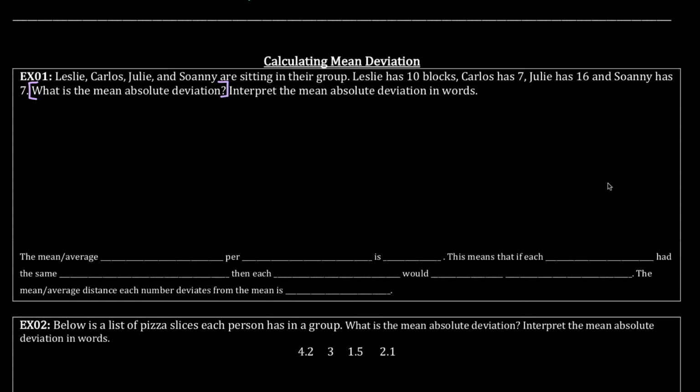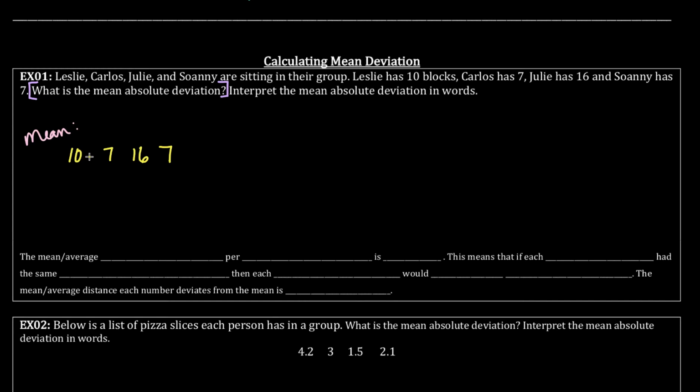I'll use pink. I'm going to calculate the mean. The first thing I should do is add all of those. First I'll write them: we have 10 for Leslie, 7 for Carlos, 16 for Julie, and Tawani has 7.